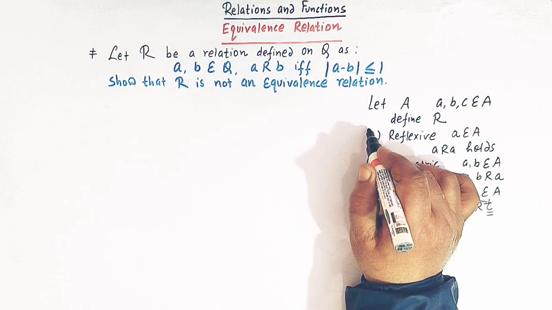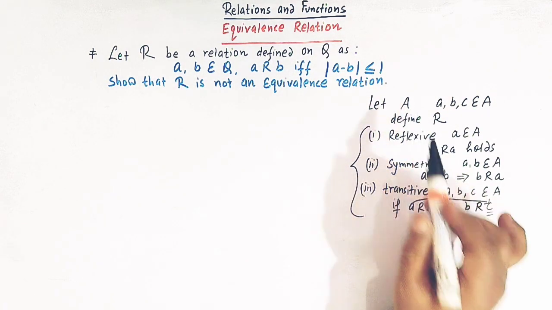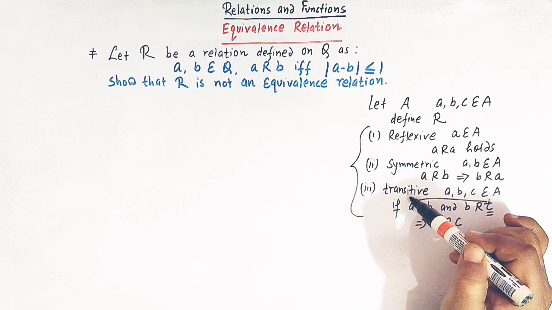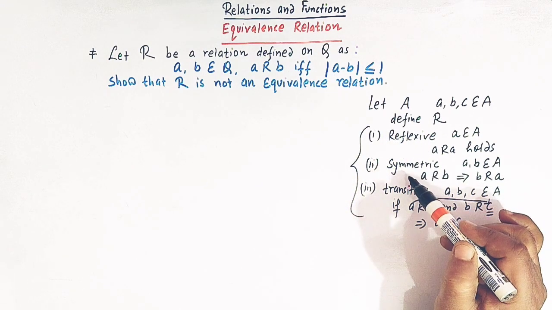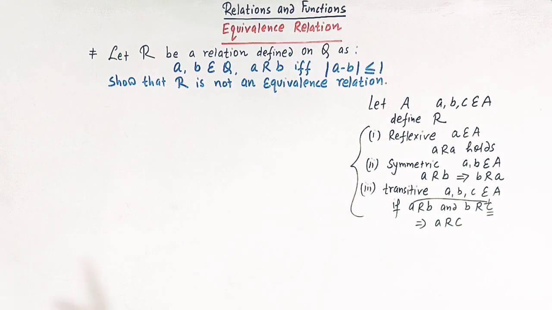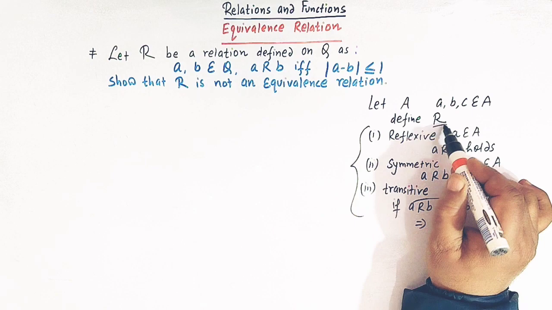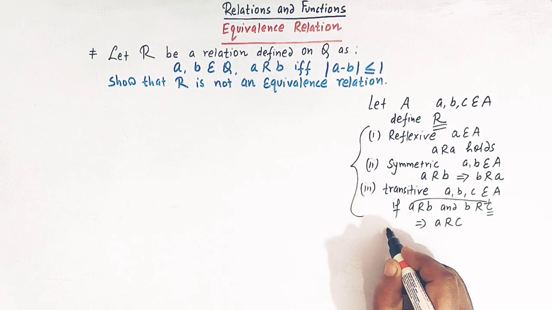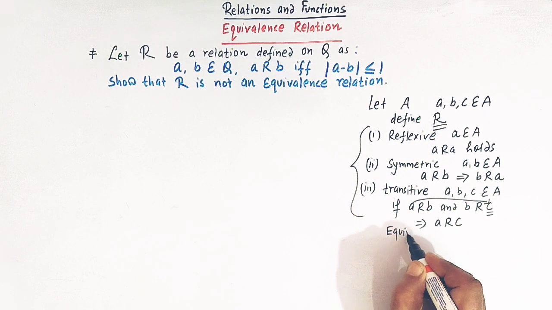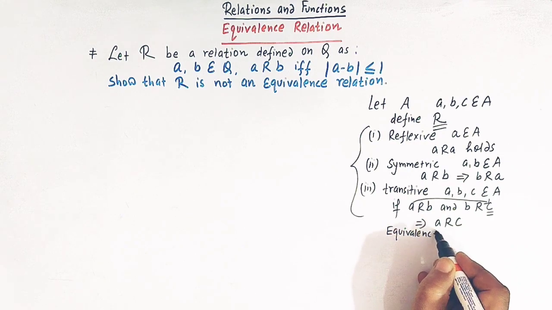And in a set A, if all these three relations, that is reflexive, symmetric, and transitive, hold, then we can say that this relation R is an equivalence relation.